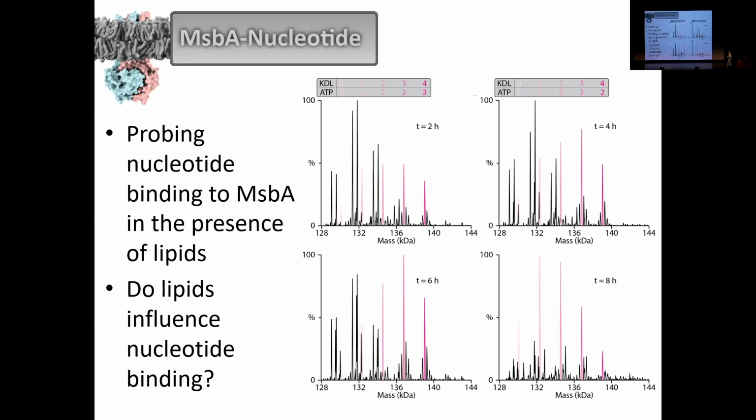So far I've talked about thermodynamics, equilibrium binding constants, and kinetics, and I've talked about this transporter turning over, especially at this last part. What we want to do now is try to get snapshots of this transporter in the transport cycle. Can we actually watch it turn over ATP in real time? That's our goal.